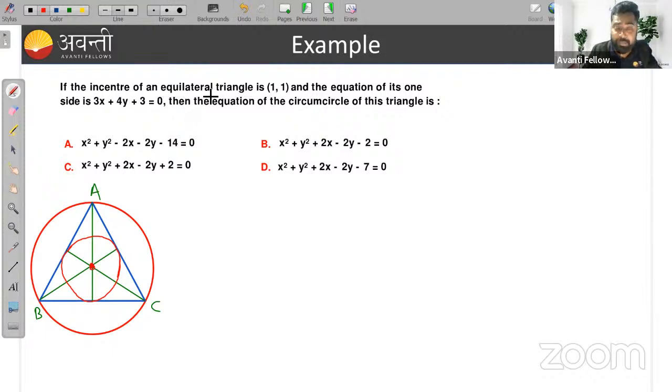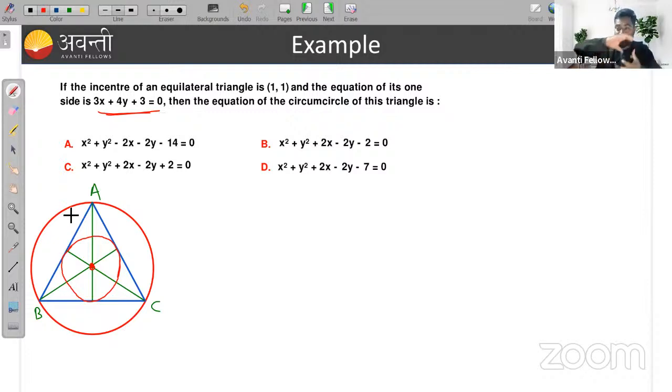So, if the incenter of an equilateral triangle is (1, 1), and the equation of one of its sides is given as 3x + 4y + 3 = 0, then you need to find the equation of the circumcircle.